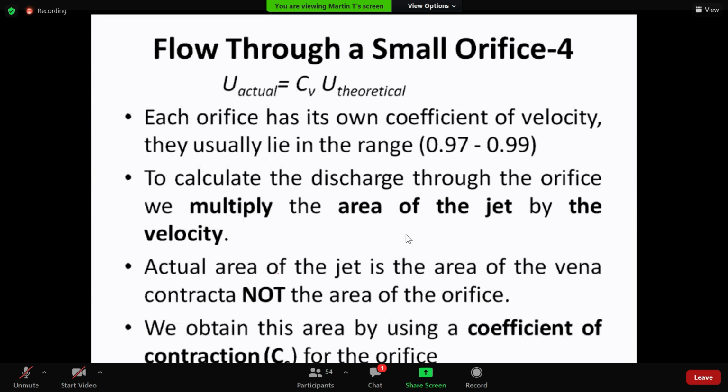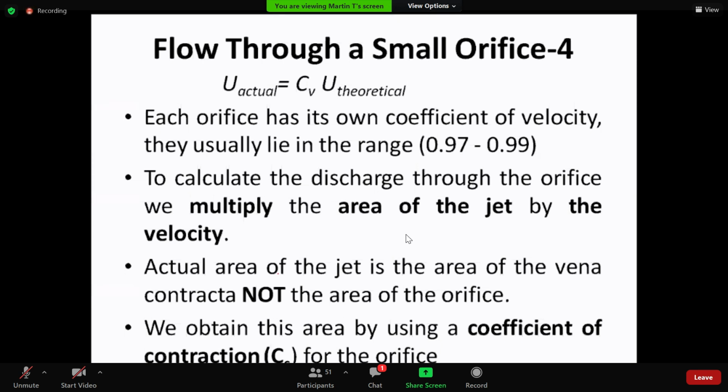Now, to get a discharge through the orifice, Q is equal to AV. So Q will be equal to A times velocity. But in this case the velocity is given by CV times U. Now, how do we get the cross-section area A?